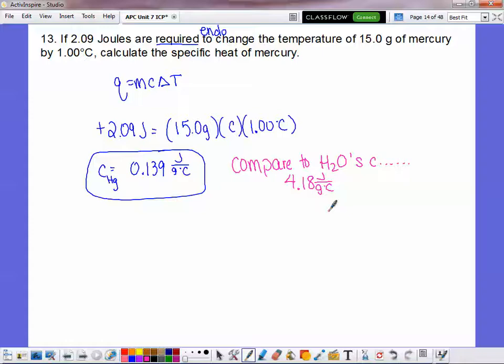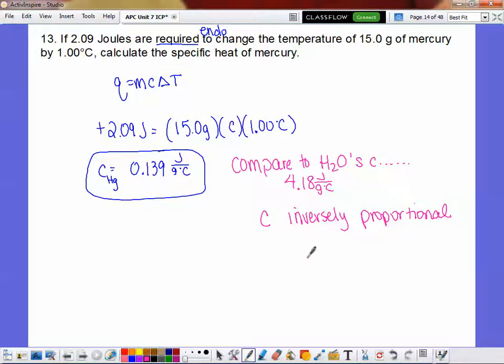Okay? Significantly larger. Specific heat is inversely proportional to how much the temperature will change.